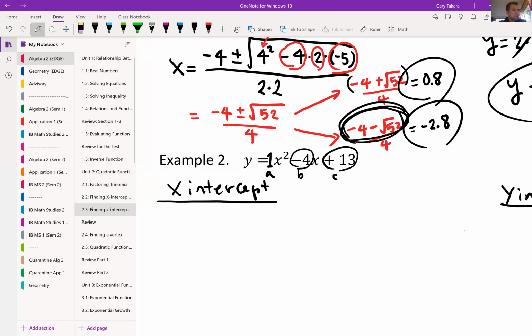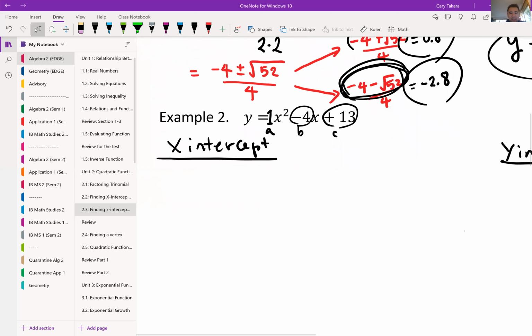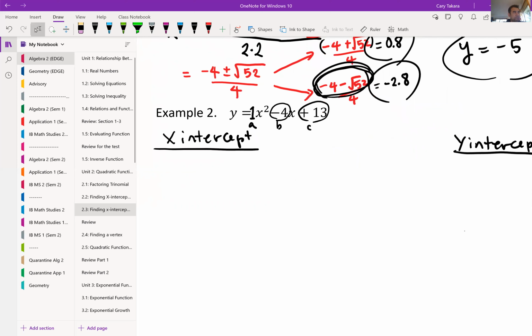Is anybody working on example 2? Anybody having difficulty? I'm going to get started too. X equals, it's negative b, right? In other words, it's the opposite of b. Now, since b is negative 4, the opposite of b will be positive 4.